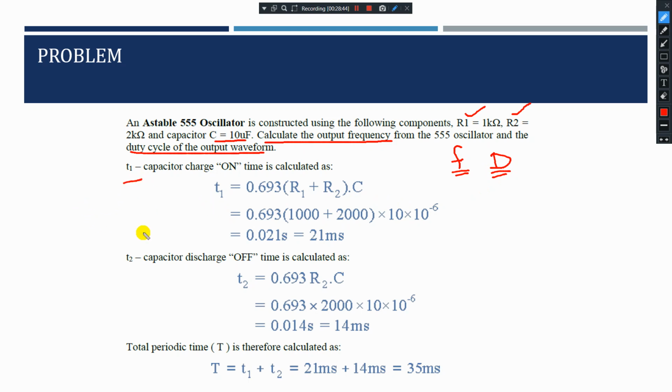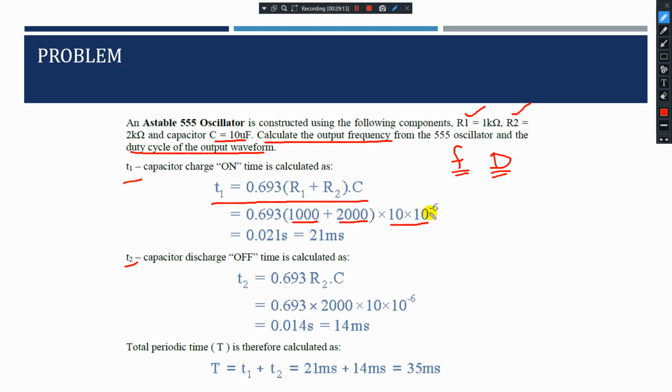Let us find T1, T2. That's very important to find the frequency as well as the duty cycle. So what is T1? As per the formula, T1 is equal to 0.693 into R1 plus R2 into C. R1 is 1 kilo, which is nothing but 1000. R2 is 2 kilo, which is nothing but 2000. Into the capacitance value, 10 into micro.